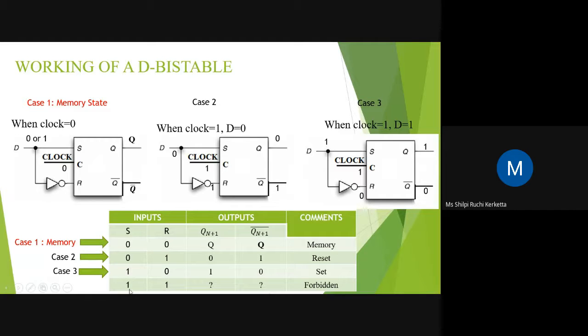But the 1-1 condition becomes invalid, because we can't do 1-1: if I do 0 or 1, either S will become 0 and R will become 1, or the reverse. So we can't do this condition in this D bistable. But here what we have done is reduce the number of inputs.